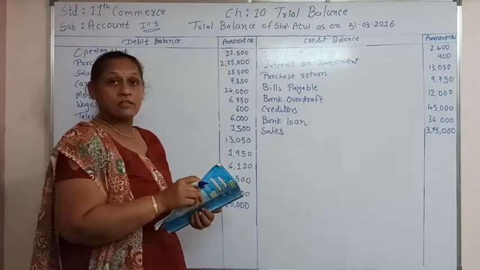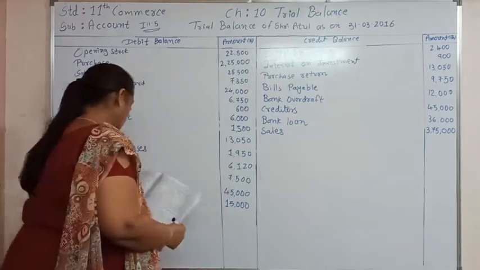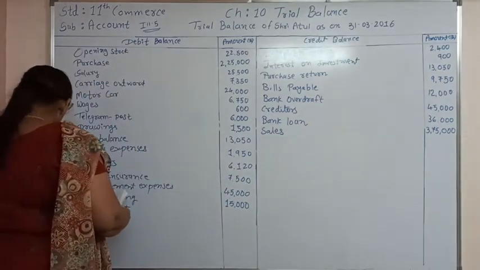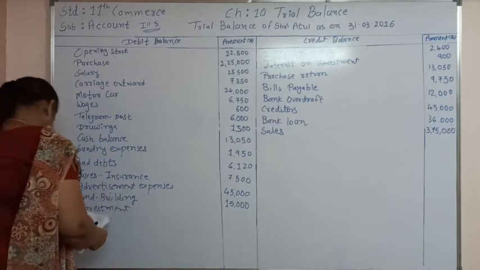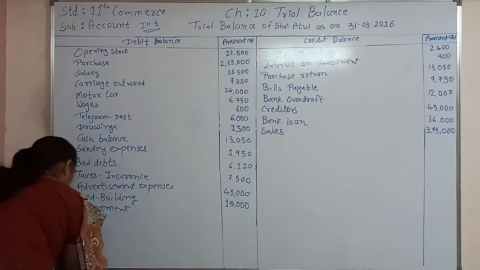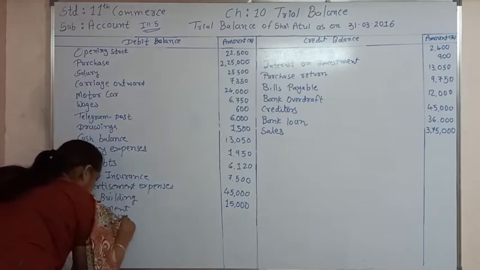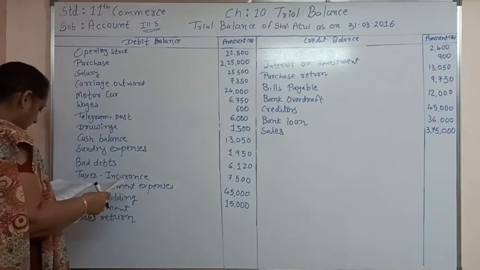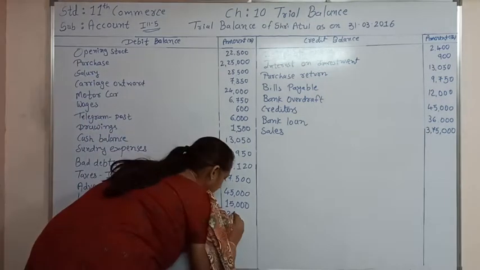After investment, another account is a sales return account, and sales return has a debit balance. So let's write sales return on the debit side. Sales return has the balance of rupees 25,500.